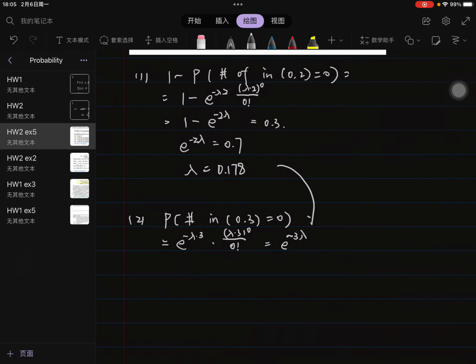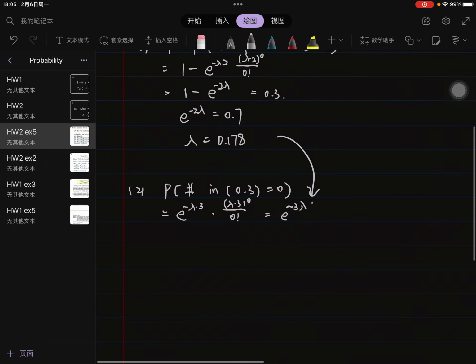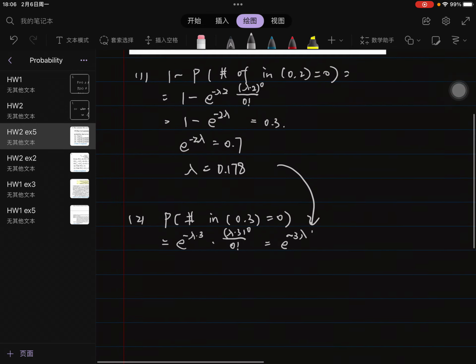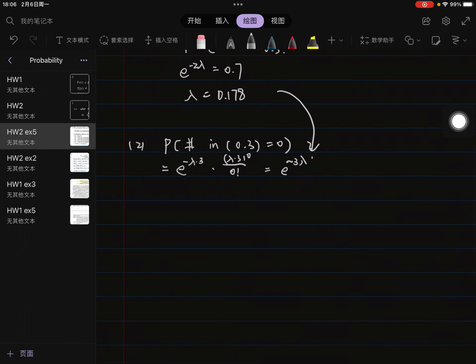We could take lambda equals 0.178 into this to calculate the result. I won't calculate the result; you can do this by yourself.